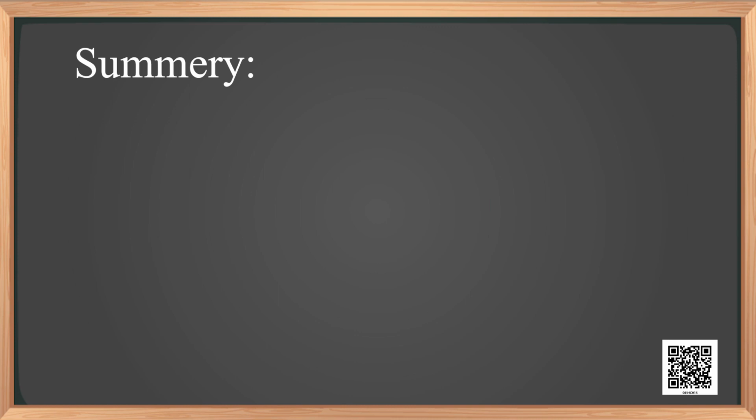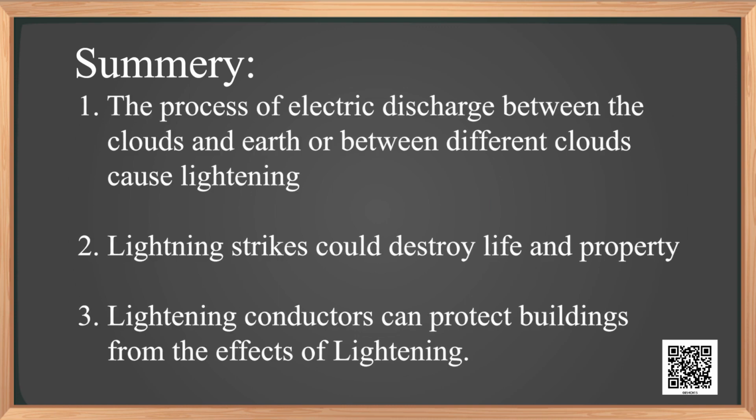Today we learned that the process of electric discharge between clouds and the earth or between different clouds causes lightning. Lightning strikes could destroy life and property. Lightning conductors can protect buildings from the effects of lightning.